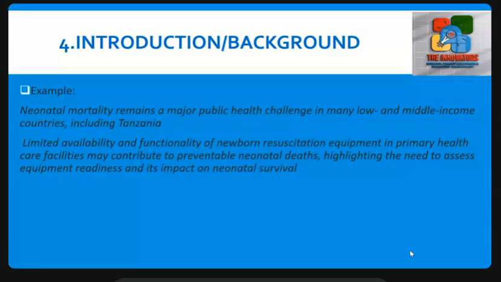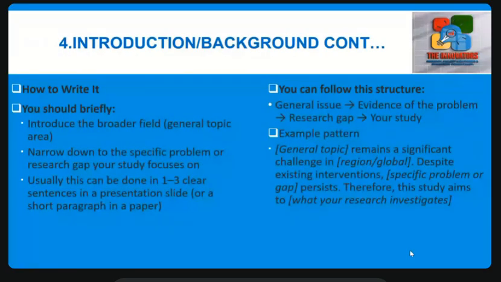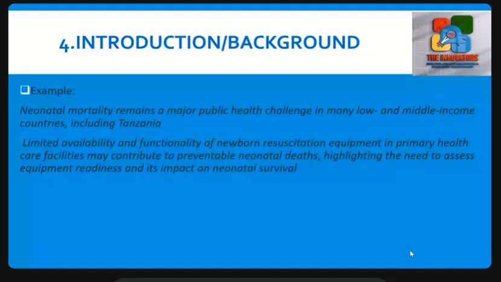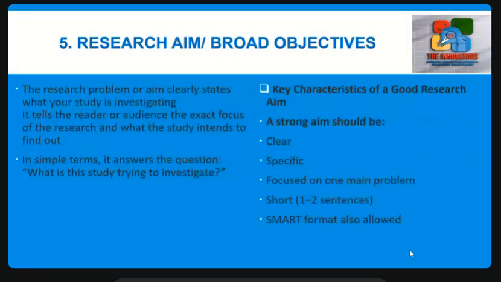Limited availability and functionality of newborn resuscitation equipment in primary healthcare facilities may contribute to preventable neonatal deaths. This highlights the need to assess equipment readiness and its impact on neonatal survival. So when you see this example, it covers all the important parts needed when writing an introduction for an abstract for scientific publication.